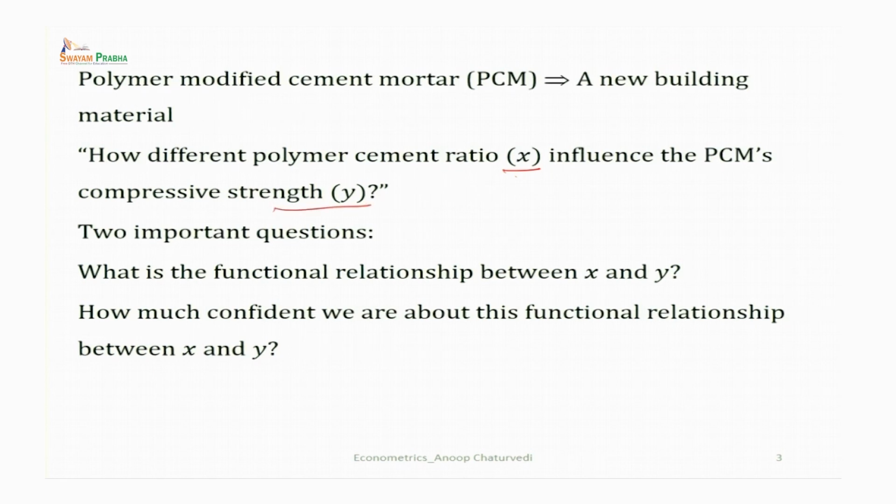Again, to get answer to this question, we have to establish the relationship between y and x, and once we establish a proper relationship between y and x, then probably we can answer this question.